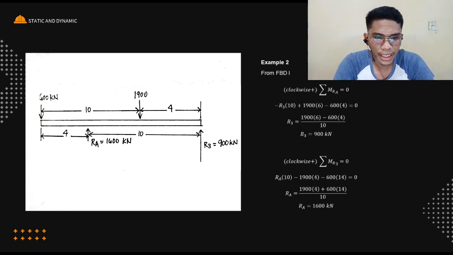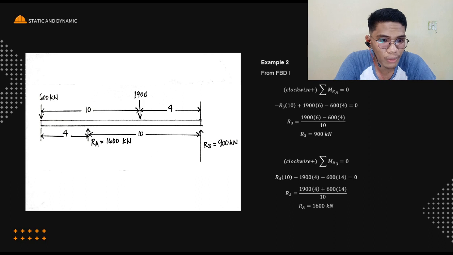So, RA multiplied by 10, which is ito nga po, ang ating moment arm, minus 1,900 dahil pa-counterclockwise po ang movement ni 1,900 kilonewton papunta kay R3 multiplied by 4 which is our moment arm, minus 600 multiplied by 14 kasi 10 plus 4 is 14, so yun po yung distance niya or yung moment arm niya, and then ang movement niya po ay pa-counterclockwise kaya naging negative.